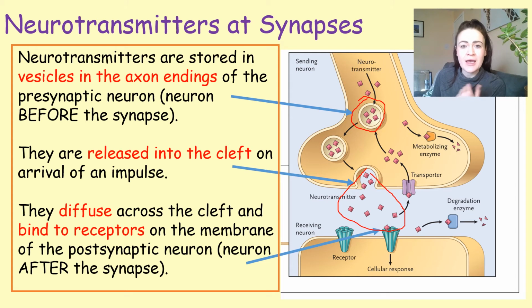Post meaning after, so the neuron after the synapse. So they're going to diffuse over to the postsynaptic neuron, and bind to receptors. Sorry, I've lost my wee mouse here. Here it goes. They're going to bind to receptors on the membrane of the postsynaptic neuron. Okay.